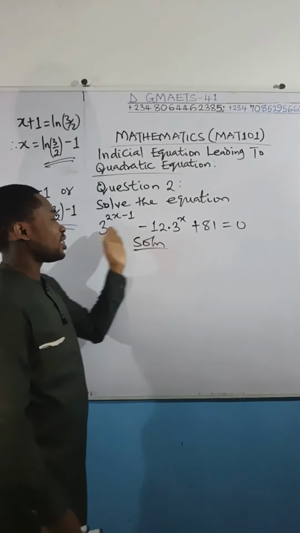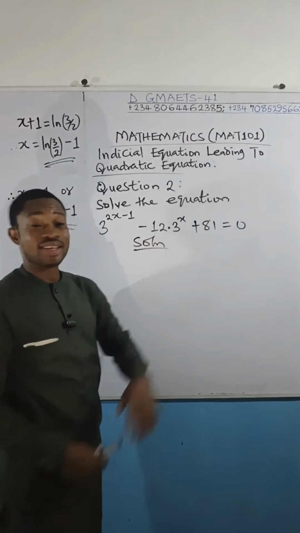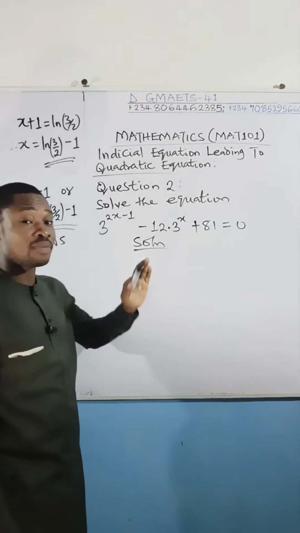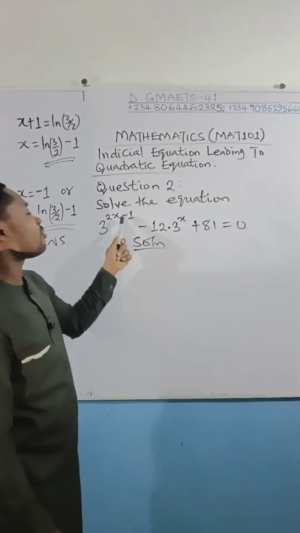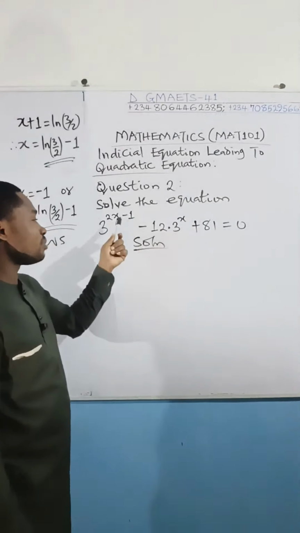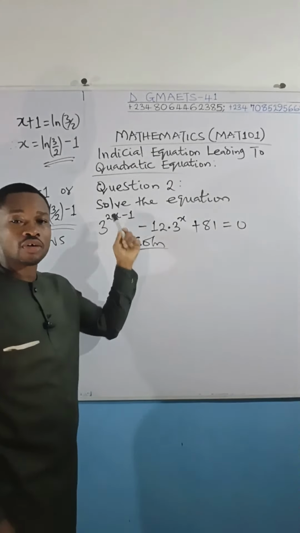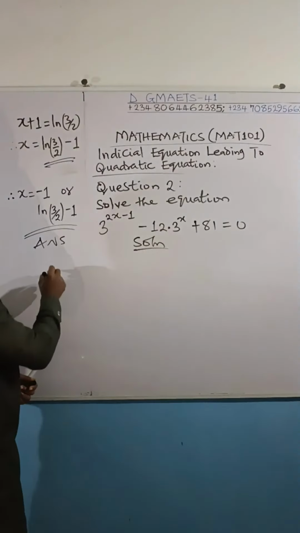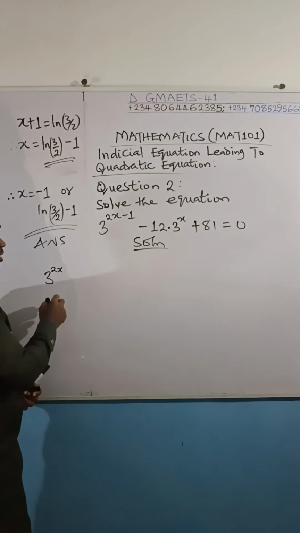And one can tell that this will lead to a quadratic equation clearly because here, the unknown x has 2 multiplying that part. Are you following? Although we have power minus 1 here, there is no big deal. Remember, this term is obtained from the division law of indices. Look at this whole term. It is the same as 3 to the power of 2x divided by 3 to the power of 1.